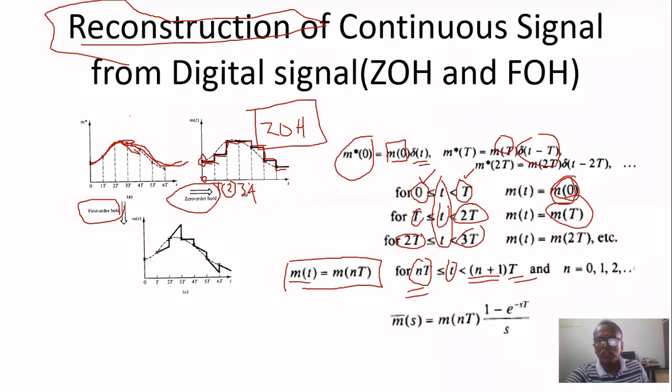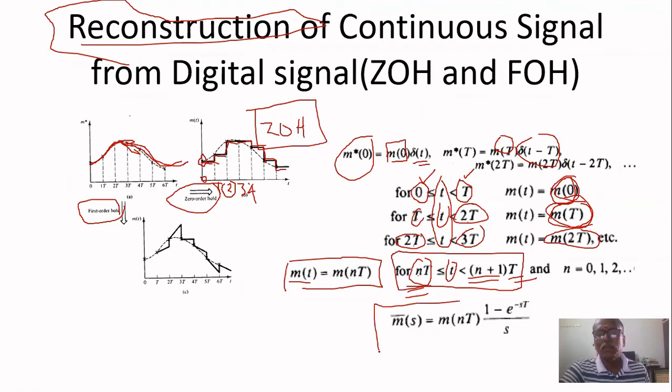If t is between tau and 2 tau, its value is m of tau. If t is between 2 tau and 3 tau, its value is m of 2 tau. The constant value is maintained till you get the next value. So whatever value you get at 1 will be maintained up to second, whatever you get at second will be maintained up to 3, like that. So m of t equal to m of n tau with this condition.